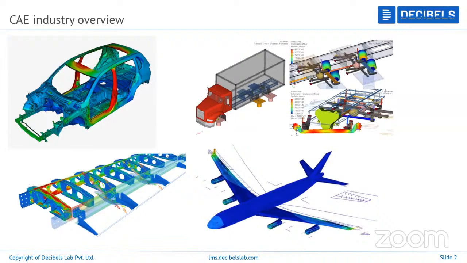For example, LED televisions, mobiles, and even domestic items, and heavy trucks. It is very important for aeronautical and aerospace work. The CAE industry is occupied all over.